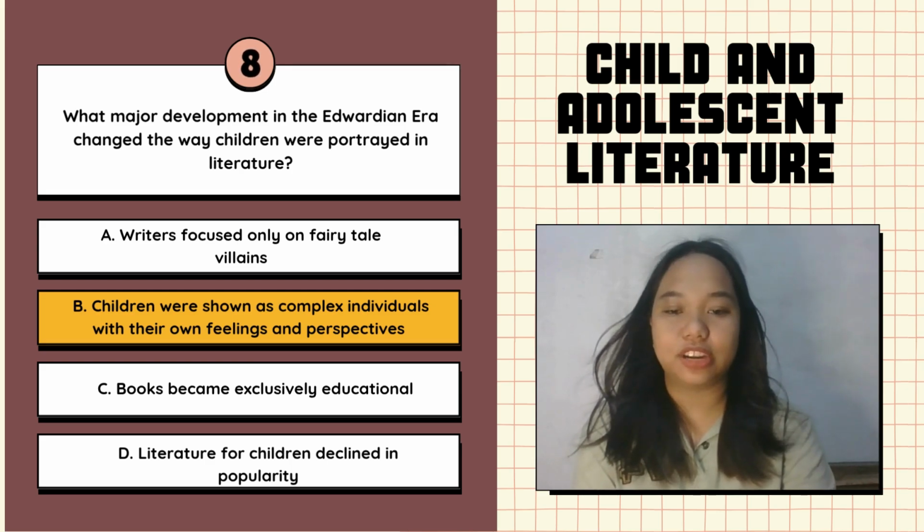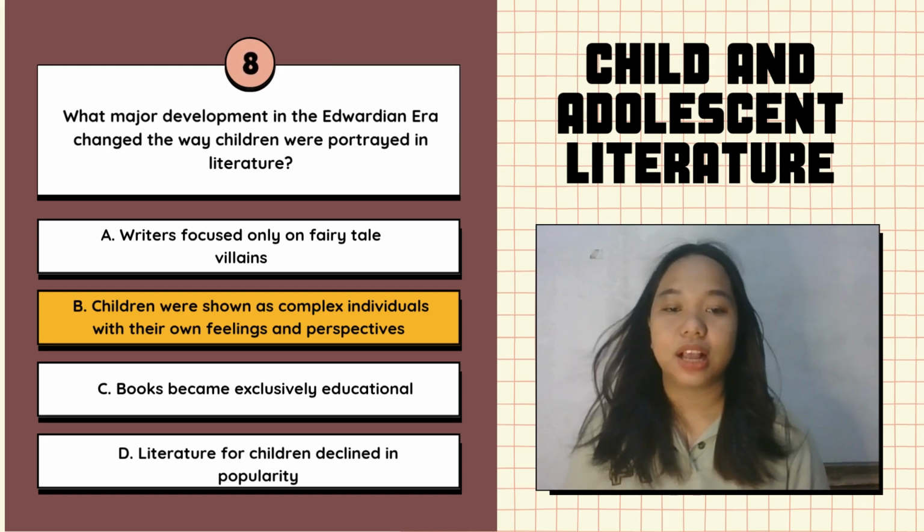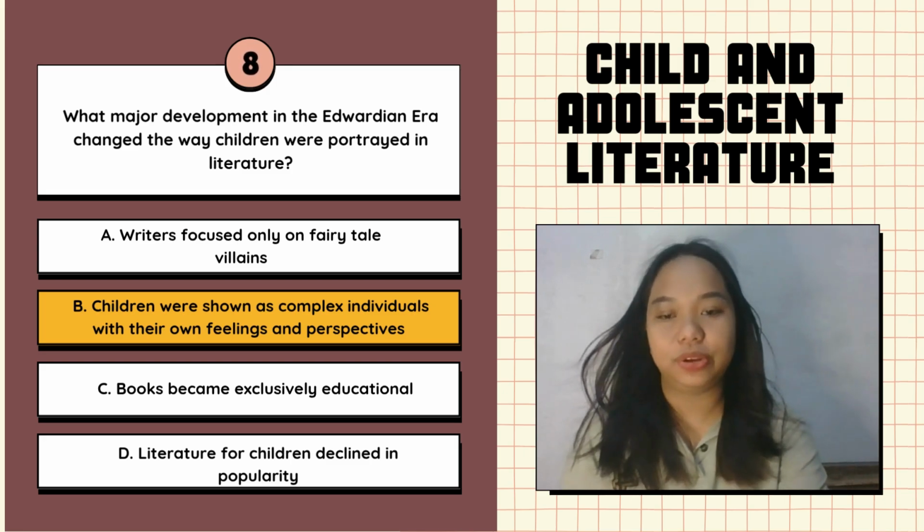Works like The Secret Garden, Peter Pan, and The Little Princess captured loneliness, wonder, resilience, and also imagination. These stories didn't just teach lessons, they also gave children the space to see themselves represented honestly in literature.